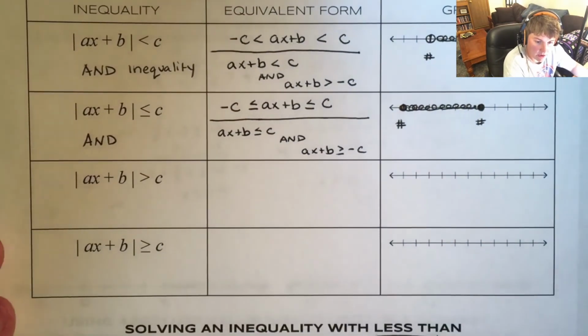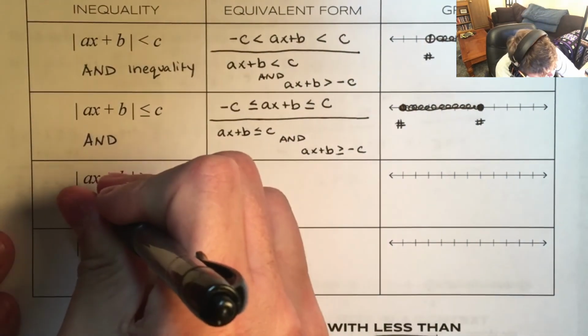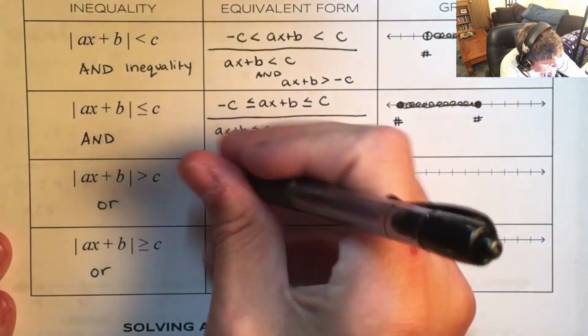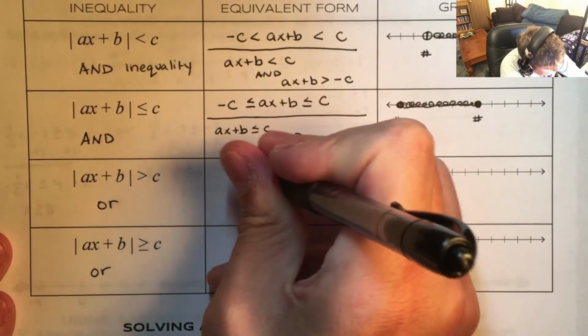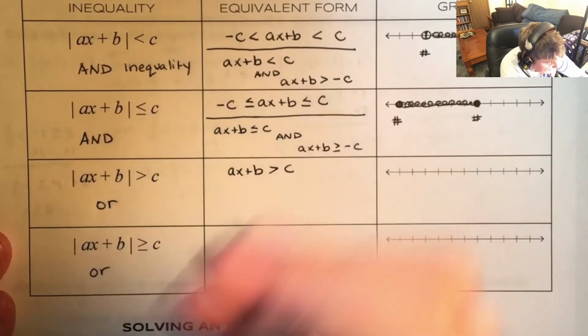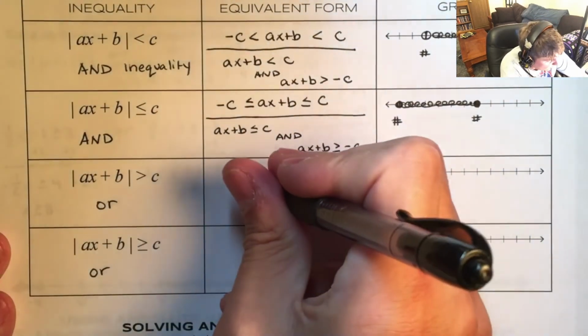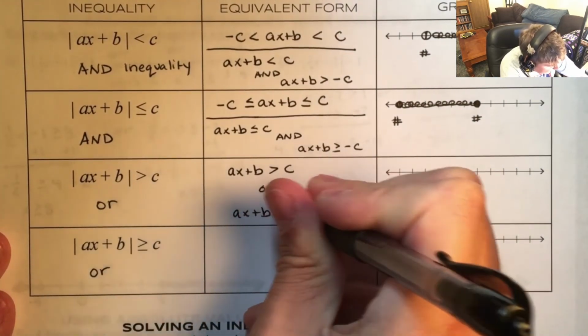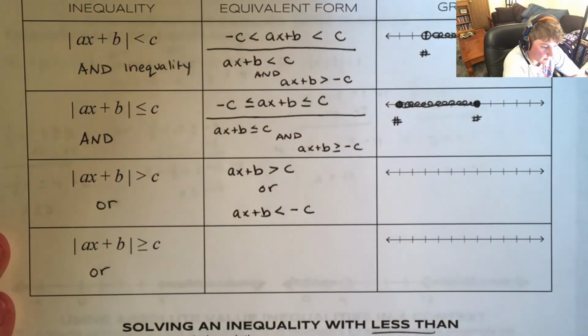Here, when it's greater than 1s, it's going to be an "or" inequality. There's basically only one way to write this: ax plus b, the inside, is greater than c, or the inside ax plus b is less than the opposite of c.